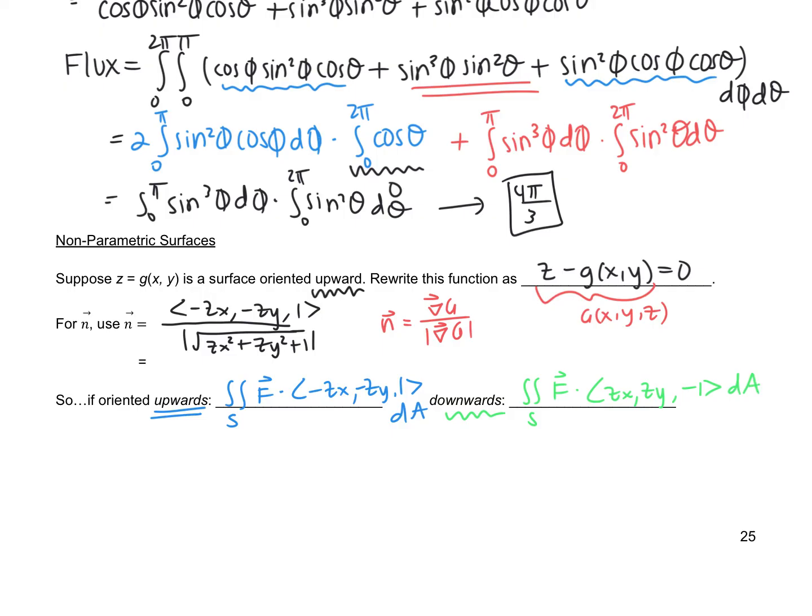So we'll see an example in a minute, but I want to tell you how I remember this. Upwards, I think of like positive, so the last number has to be positive, and the first two are negative. Downwards, I think of like negative, so the last number is negative, which means the first two are positive. That's the way that I remember.